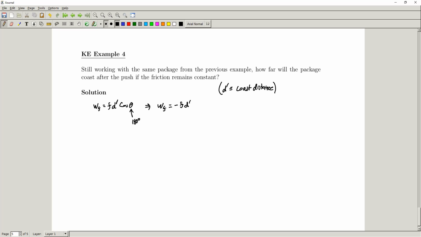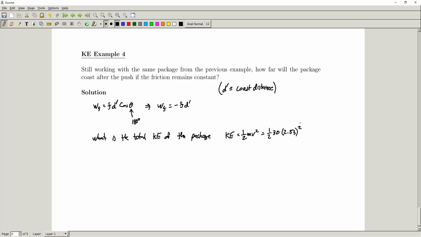So let's start off by looking at what is the total kinetic energy of the package. Well, we know that the total kinetic energy of the package is going to be given by 1/2 mv squared. And if we substitute in the numbers from above, we know that our m is 30 and our v, well, we just calculated our v in the previous problem.